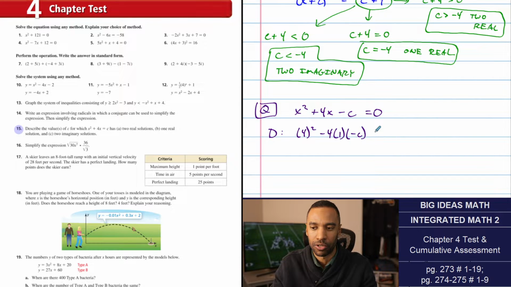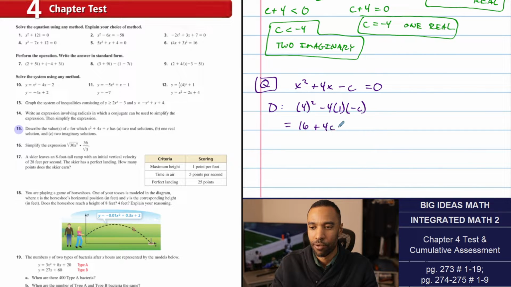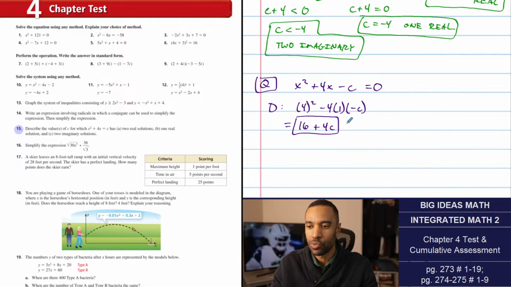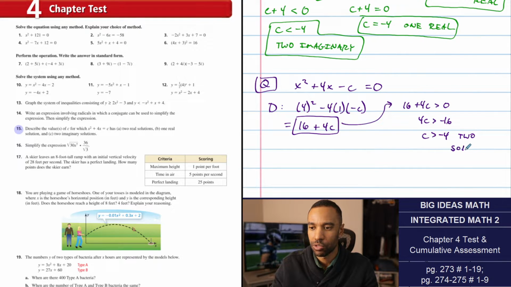In this case, c is literally -C. Now that'll equal 16 plus 4c. Okay, that's the discriminant. Now, what I'm going to do with this is the same thing as you just saw before. If 16 plus 4c is a positive number, we subtract 16 from both sides, and then we divide both sides by 4. C has to be greater than -4 for 2 solutions.